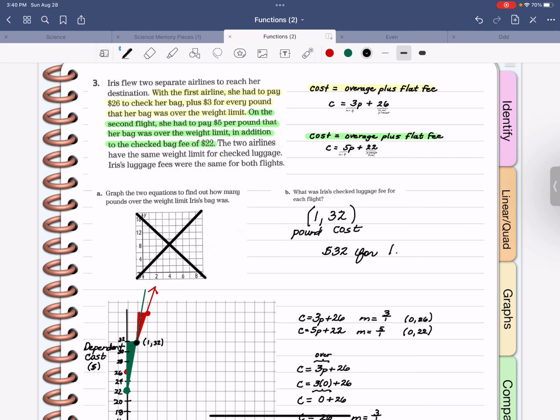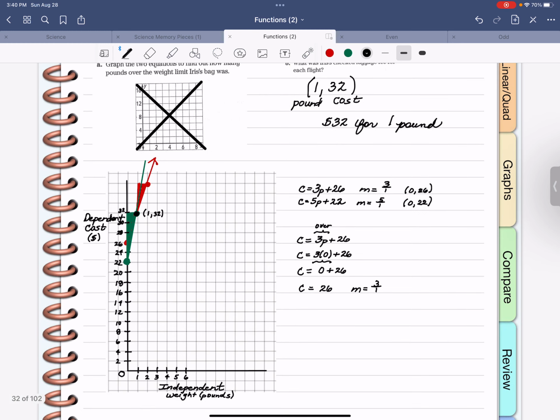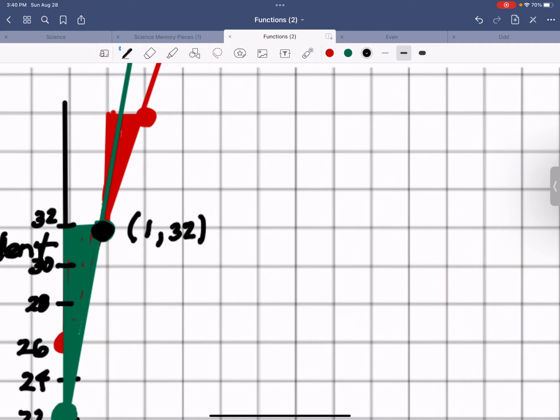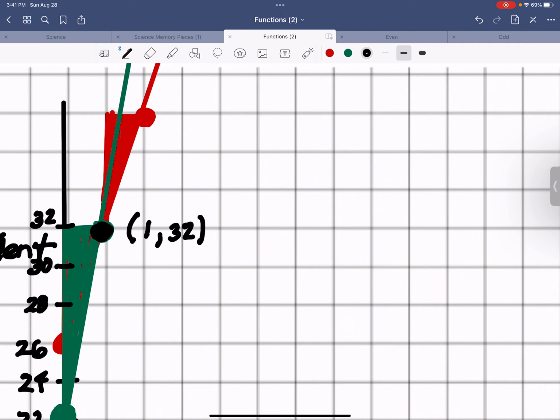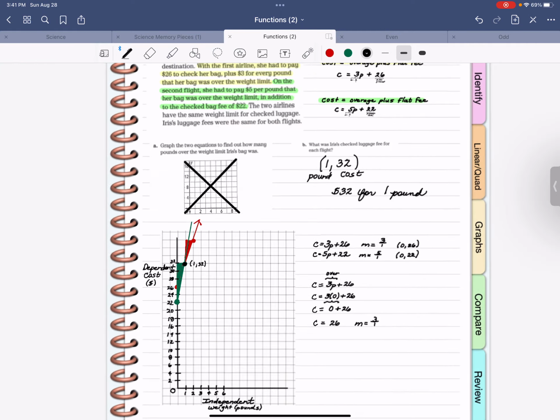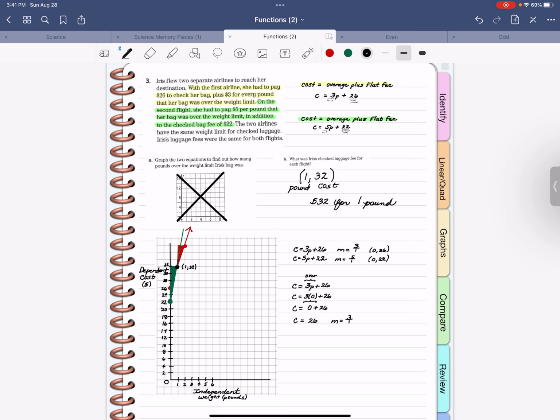Her bag was 1 pound too heavy, and for each flight, that cost her $32. I know that because they intersect at (1, 32). Goodness, what a problem.